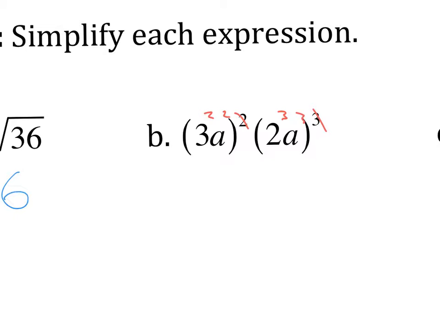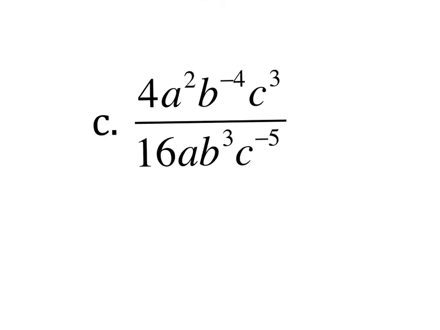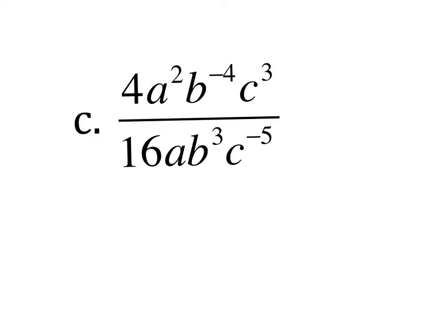If I were to go to the next step, I would get 9a squared times 8a cubed. Now we're not quite done yet. Good, so we multiply our two coefficients, and practically that means we combine the a's by adding the exponents.